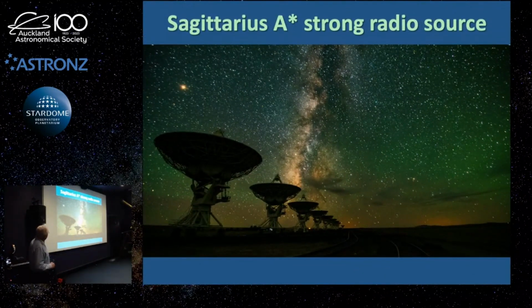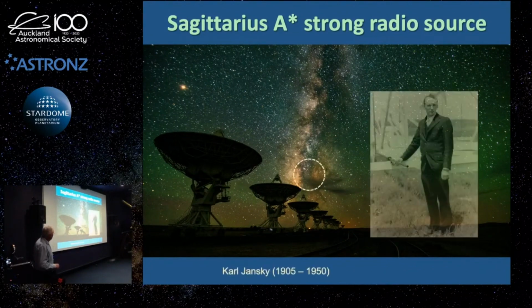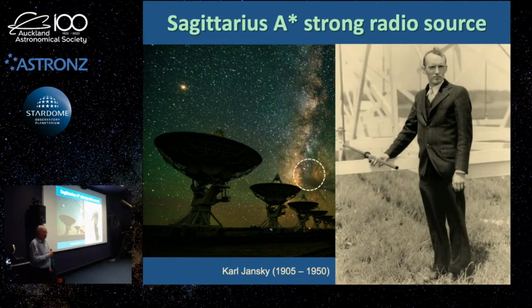And your radio telescopes that I mentioned came into being about the 1930s or so. It was Karl Jansky, in 1933, who was the first to identify that right from the centre of the Milky Way, the constellation of Sagittarius, something's going on there that's been a strong source of radio waves.